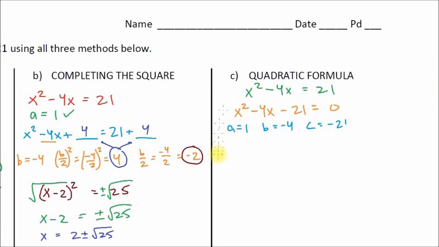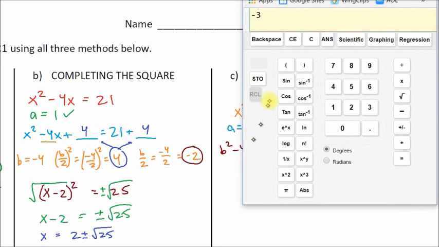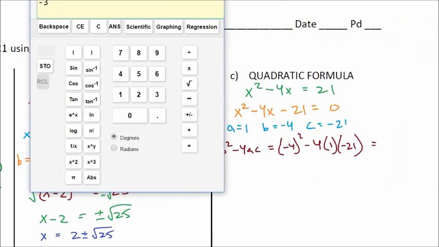Our next step is to find the discriminant, b squared minus 4ac, which is negative 4 squared minus 4 times a times c. Let's put that in our calculator, if I can move this over so we can see it.